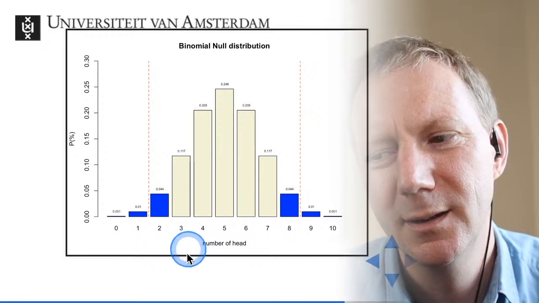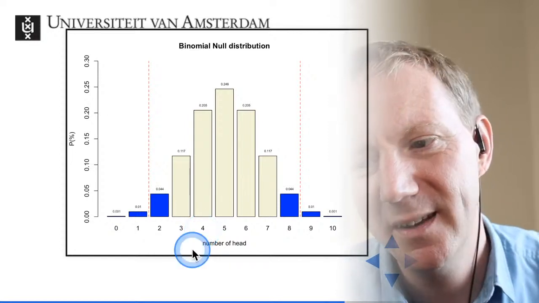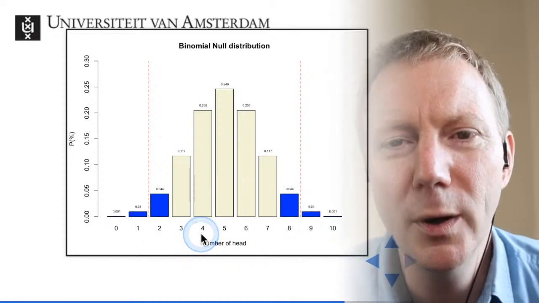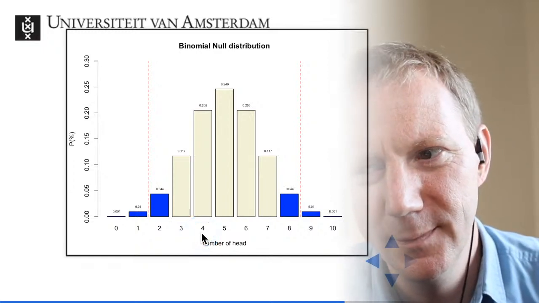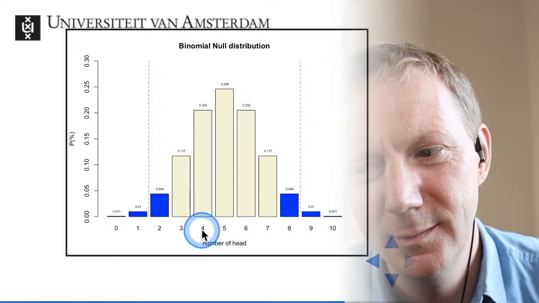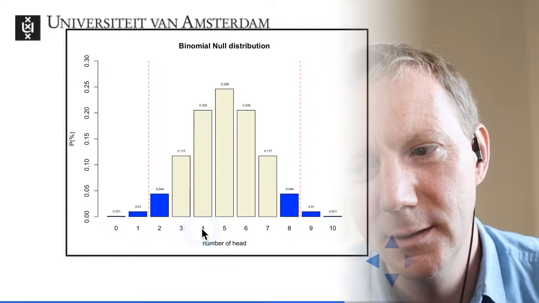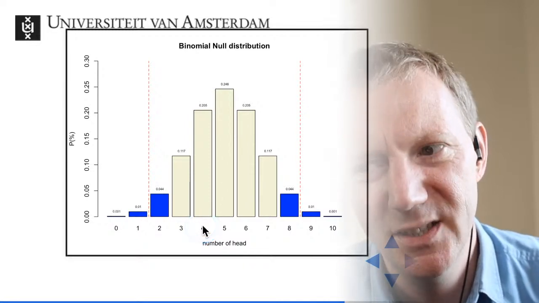Sorry, could you repeat that? So if I would have thrown 4 times head, for example, what would have been the p-value? Would that have then been the probability of throwing 4 or more extremes? So you'd have to color in 0, 1, 2, 3, 4, leave out 5, and then do 6, 7, 8, 9, 10. Exactly.